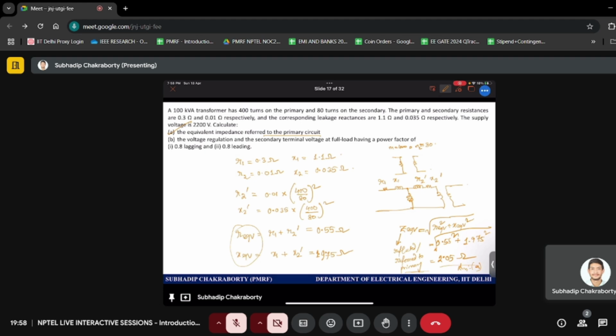Now what they are asking is the voltage regulation of the secondary terminal at full load having a power factor of 0.8 lag and 0.8 lead. So we have already determined the formula for voltage regulation, and using that try to determine the voltage regulation of the secondary terminal for a full load having a power factor of 0.8 lag and 0.8 lead.